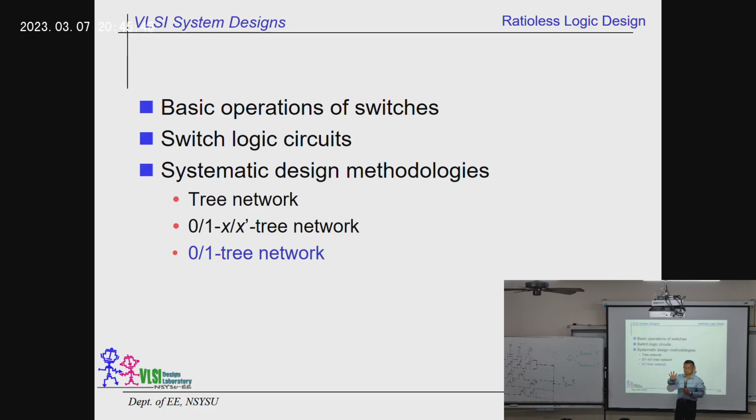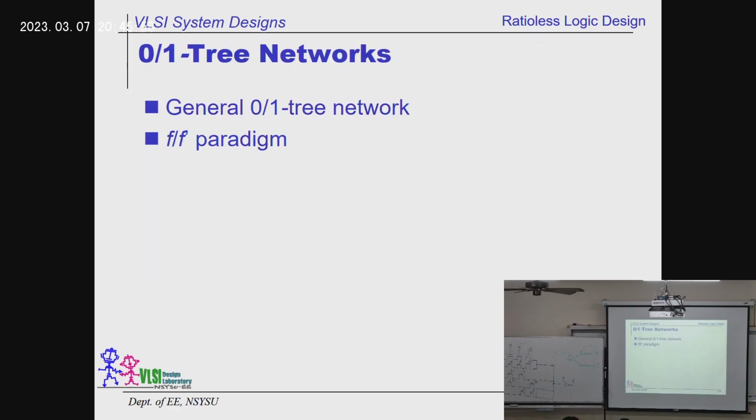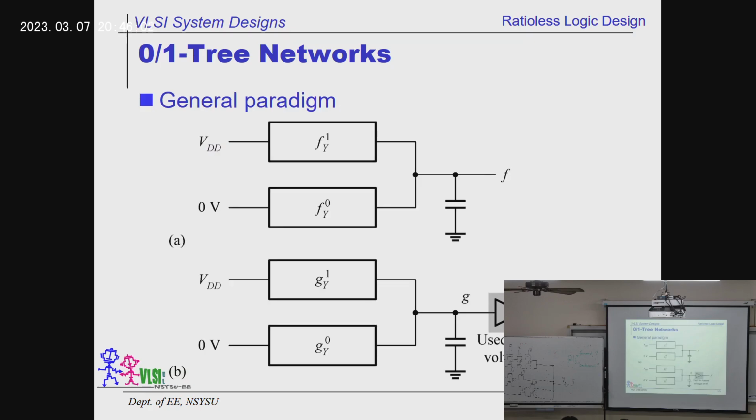So these are 4 possibilities. But in this 0, 1 tree format, it does not have x bar or z bar. So this is called the 0, 1 tree, and that is quite easy. It's even easier. We only have 2 inputs. It's either high or low.